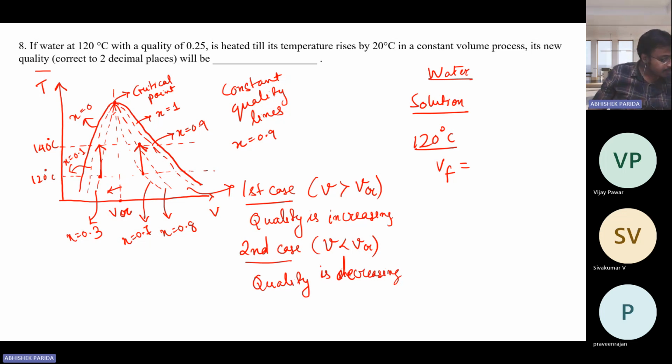At 120 degrees Celsius, I am getting 0.001060 meter cube per kg. Vg is how much? 0.8913 meter cube per kg.